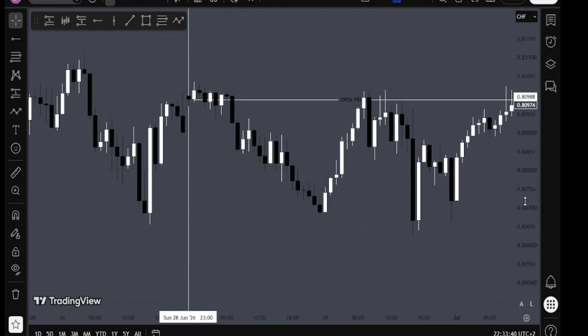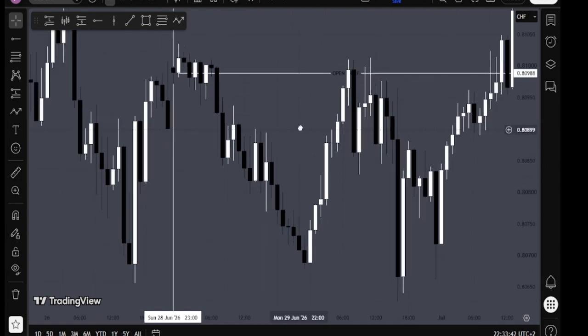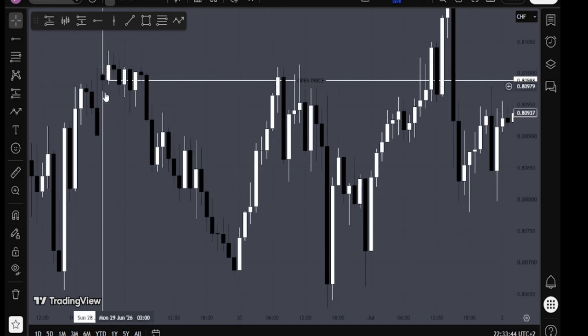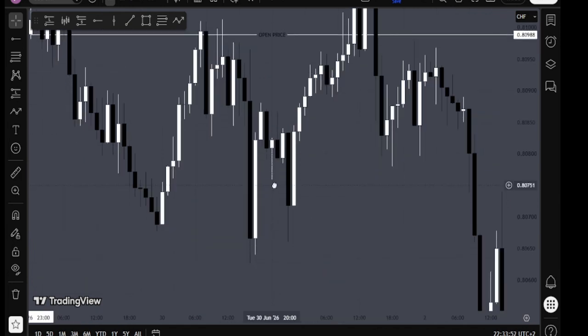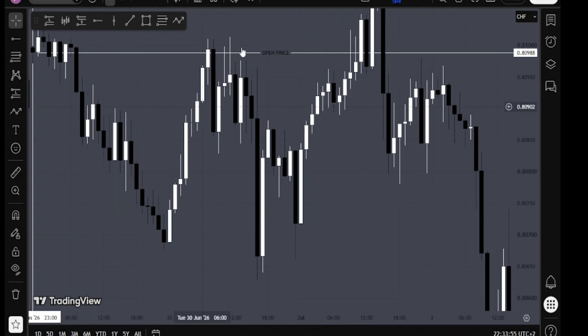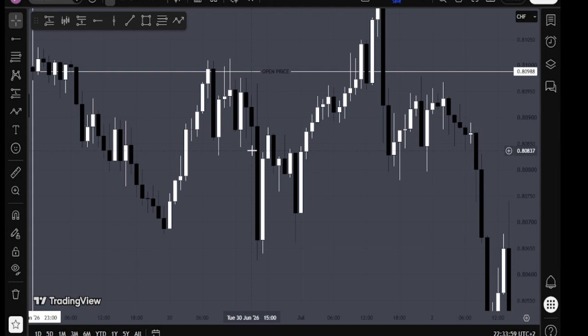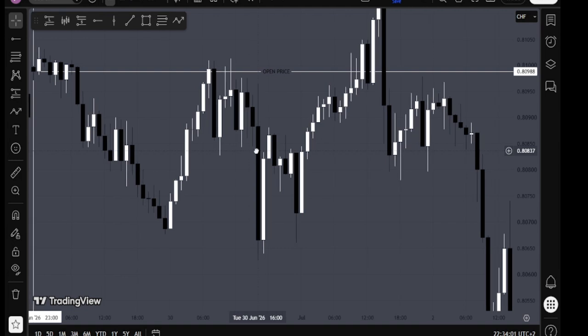Let's use this as an example. Market opens, pushes down. This is Monday. Tuesday, it pushed back up, then went back down. As it's moving below opening price, we're supposed to look for a point of interest that's a buy, a bullish point of interest, like a bullish order block, fair value gap, breaker block, whatever it may be.